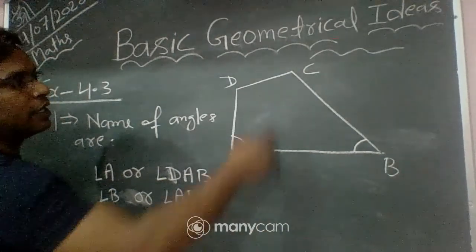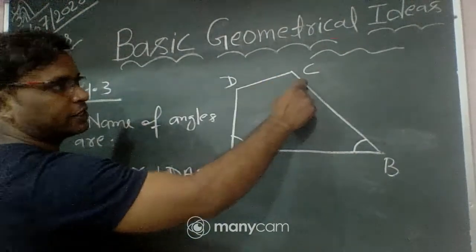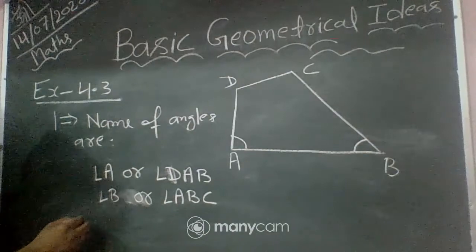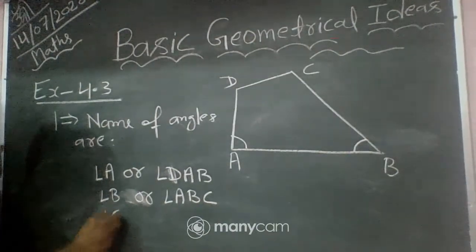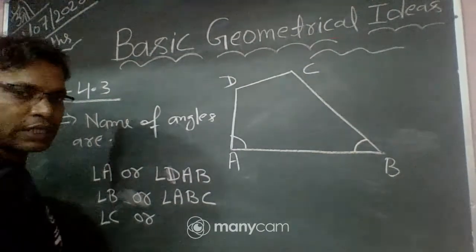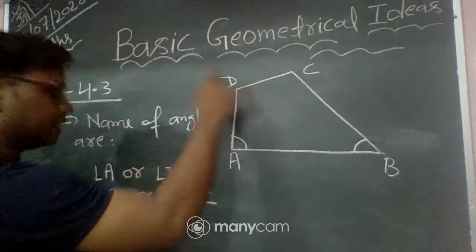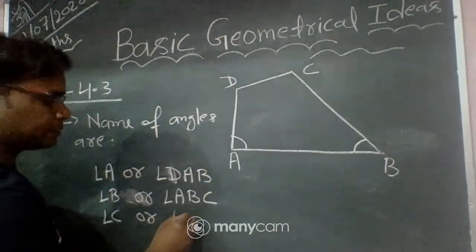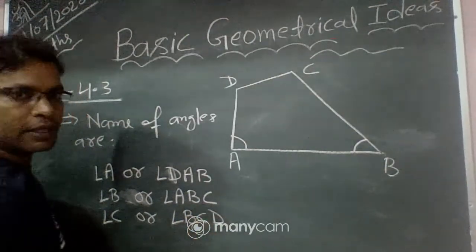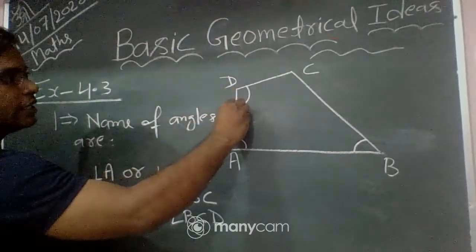Now this angle is angle D. This angle is angle C. Simply you can say this is angle C, or you can say angle BCD. Clear?